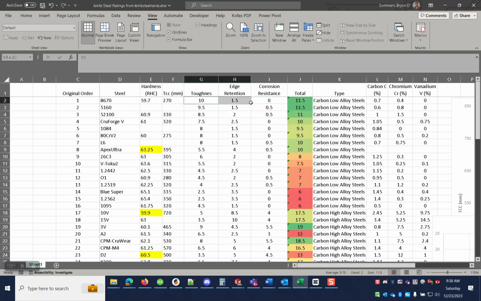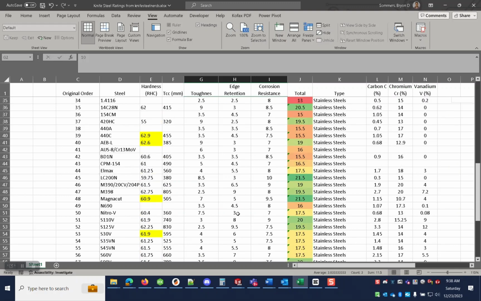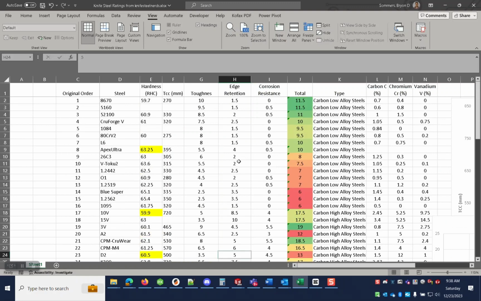And I believe all of these are essentially normalized or comparable between the groups. So for example, if I'm looking at a 5 in the stainless steel categories for edge retention, that is equivalent to a 5 in the high alloy edge retention category. And then I put the original order so I could always resort back to the original order on the website.